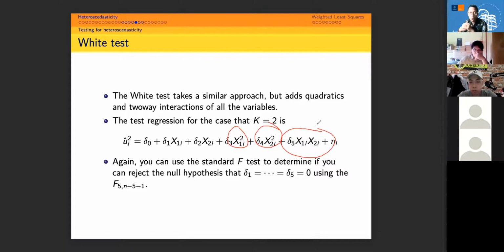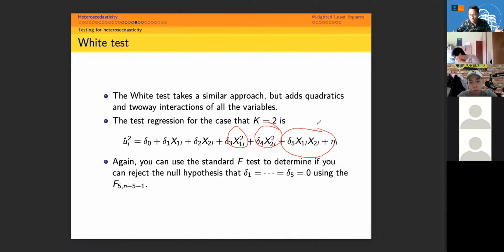Unlike the Breusch-Pagan test, which assumes that the squared residual has a linear relationship with the variables of interest, the White test says that the relationship between the squared residuals and the explanatory variables could be a general relationship.